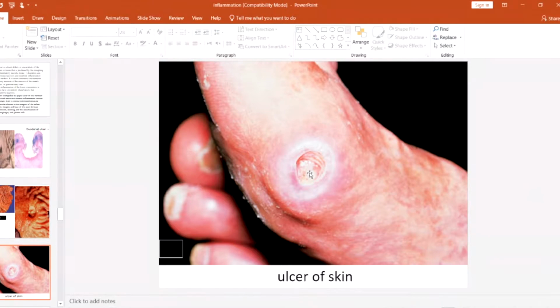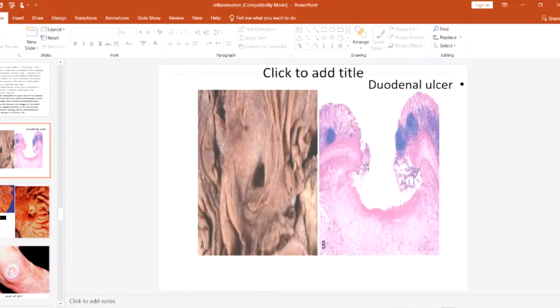Whenever there is necrosis with inflammation, we call it ulcer. So the fourth type of morphological pattern of acute inflammation is the ulcer. What is an ulcer? Ulcer means sloughing, shedding, okay, loss of the surface lining mucosa. Okay, here it's composed of necrosis and inflammation seen in any mucosa or in the skin.